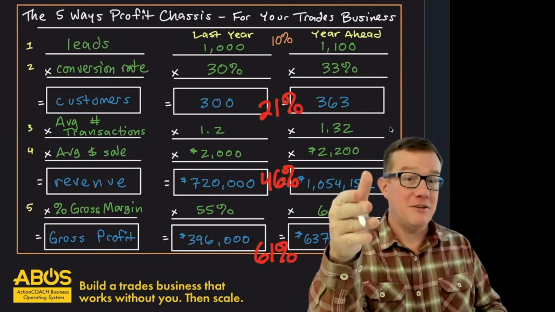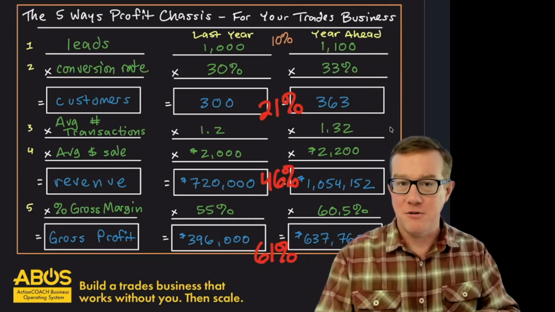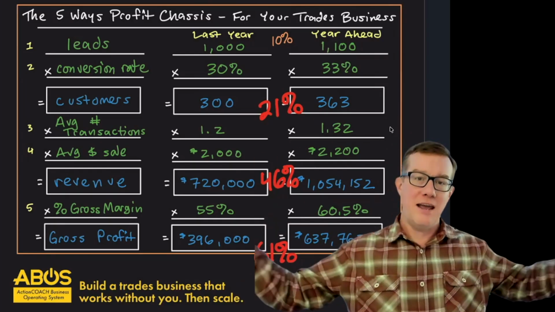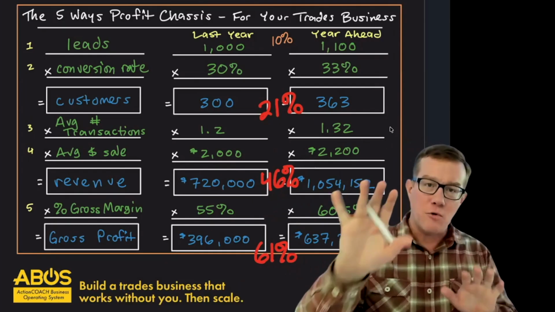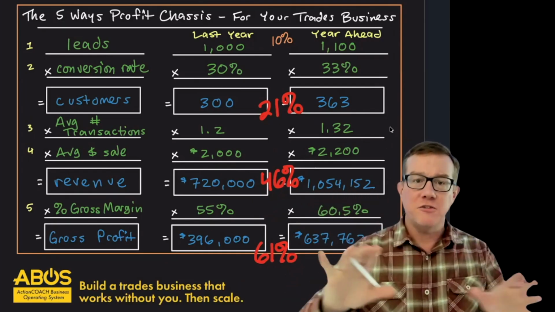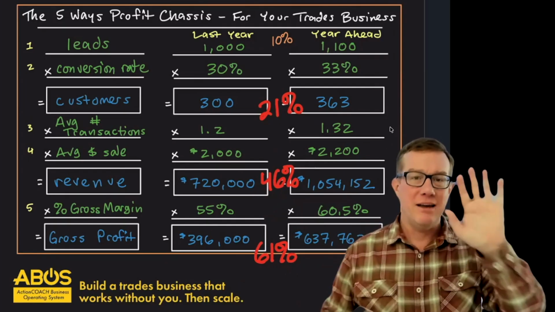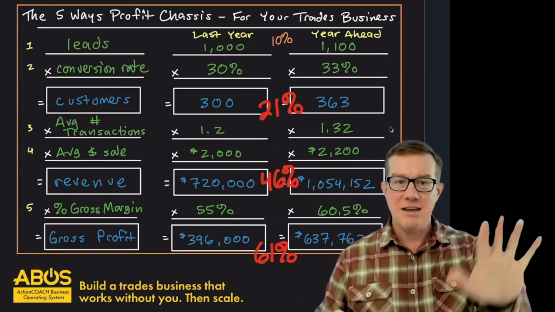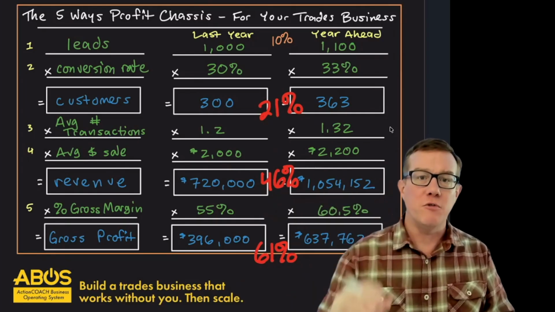The trades businesses that we work with, we live and breathe these numbers. We look at it at first on an annual basis. And if you've got different significant categories of services or products in your business, for instance, in this tree business, plant health care would behave financially a lot different than tree removal does.